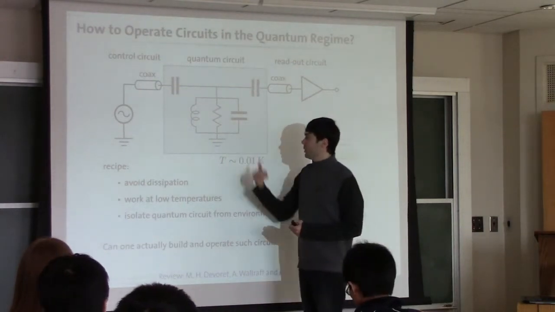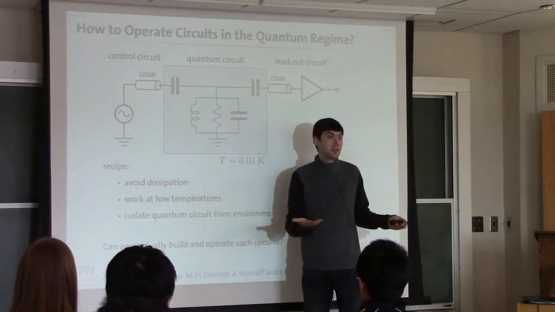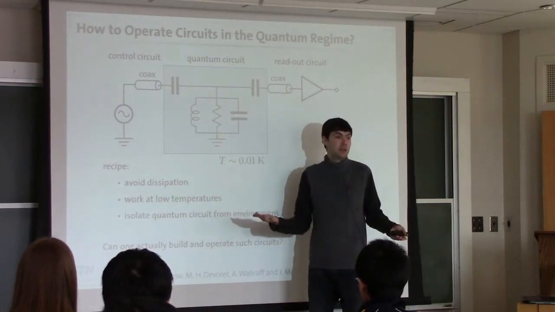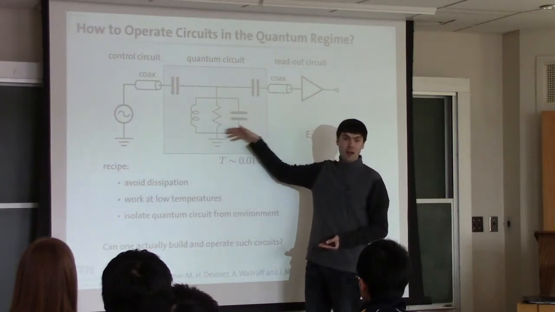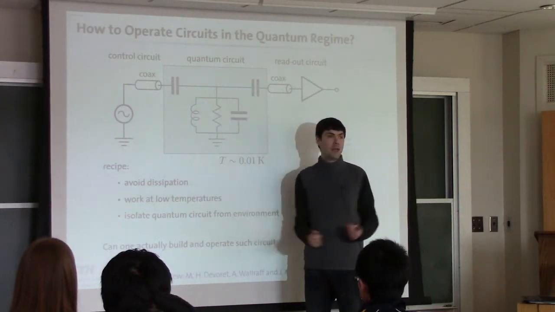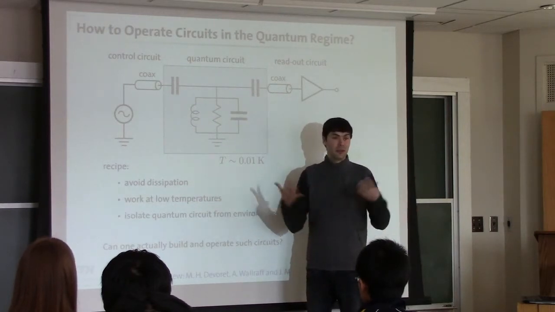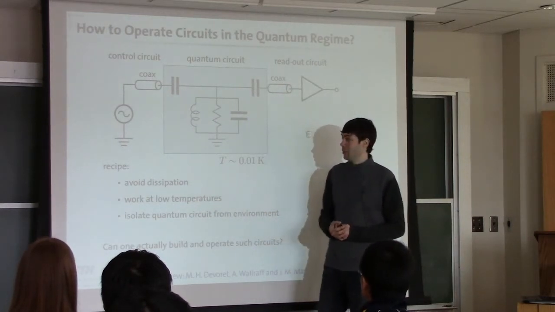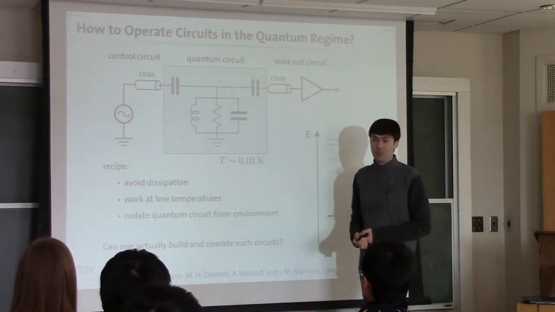The other important thing you have to worry about is that if the circuit has some resistance, it will dissipate. If your superposition is charge or current, leaking through and giving away heat is equivalent to loss of information, certainly loss of quantum information. So here superconductivity actually comes in handy and suppresses dissipation.